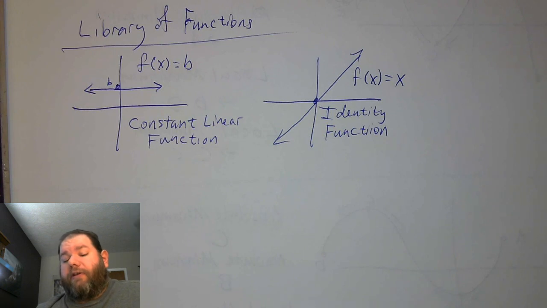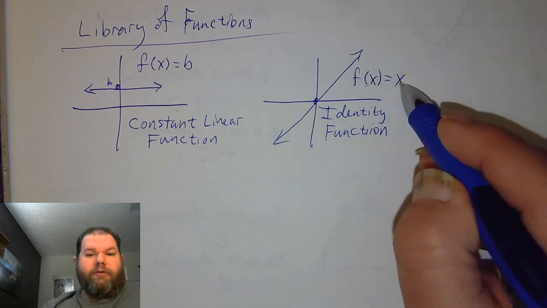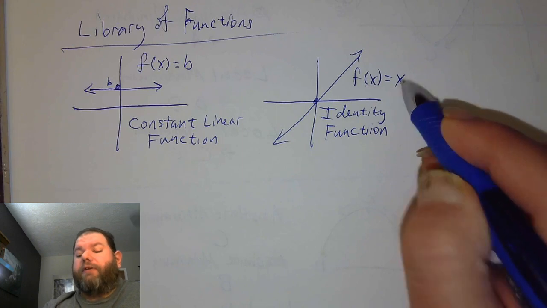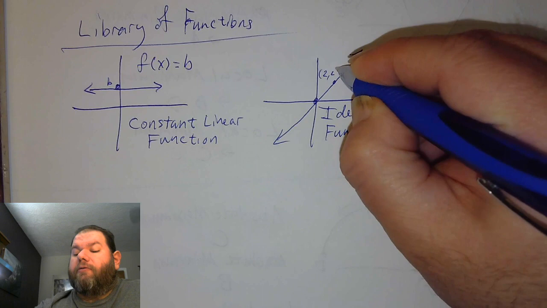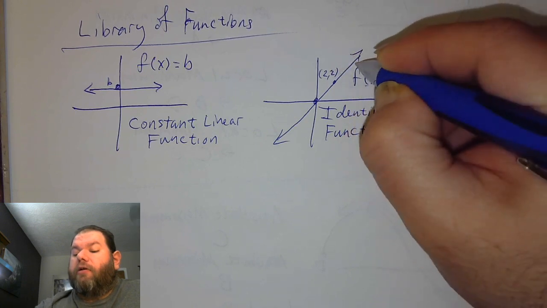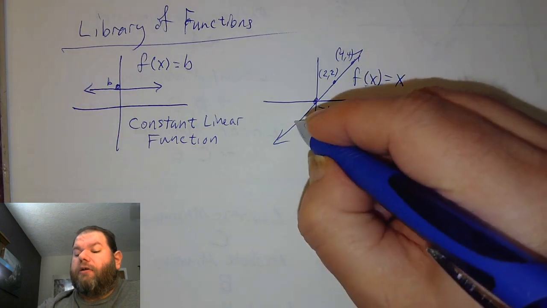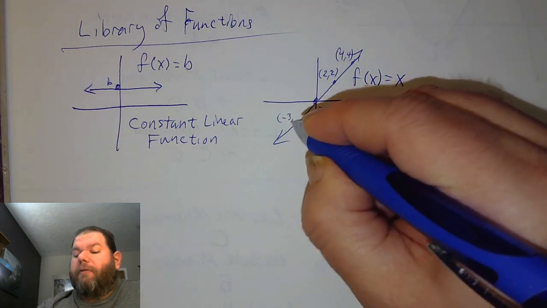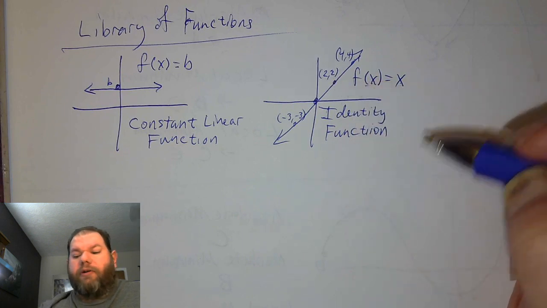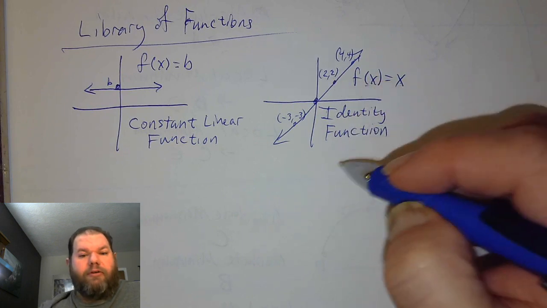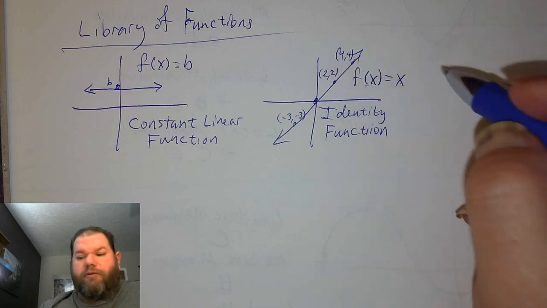The idea on this type of function is that the y value is equal to the x value at every point. So we might have a point (2, 2). Over here it might be (4, 4). (-3, -3). Whatever the x value is, the y value is the same one. The y value is identical to the x value. And that's what this identity function represents.